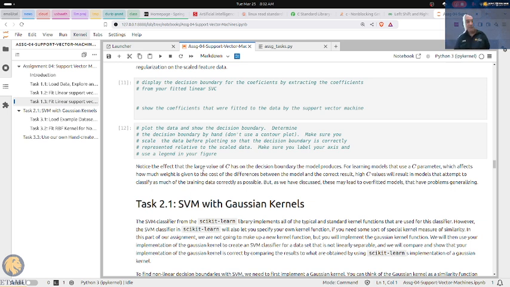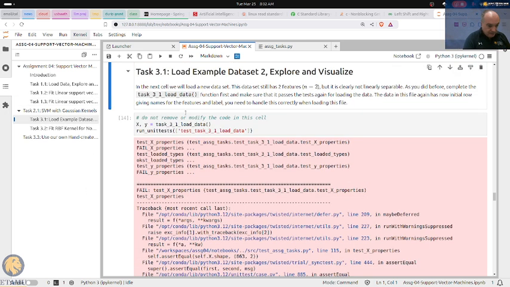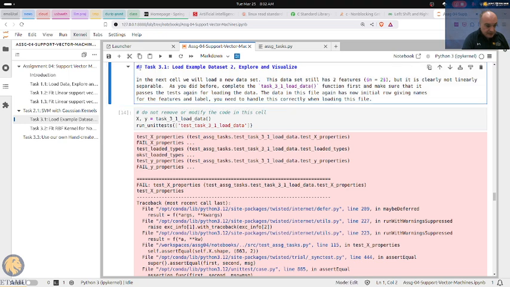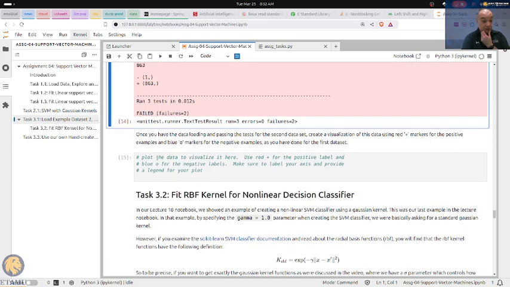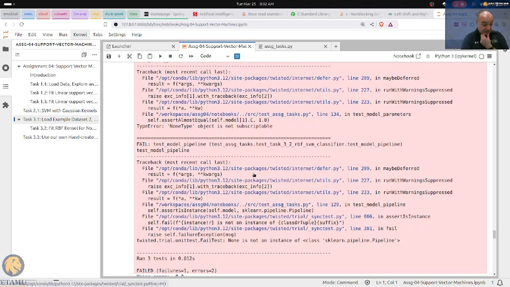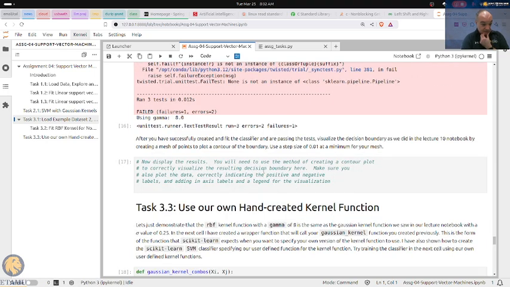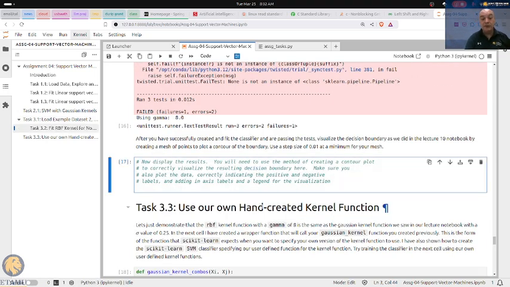Right? So for the other part, task 3, where you have to do a nonlinear decision boundary, you're asked in one or two places also to visualize the decision boundary. In that case, you will need to use a contour plot, or at least that's the easiest way to plot the decision boundary.